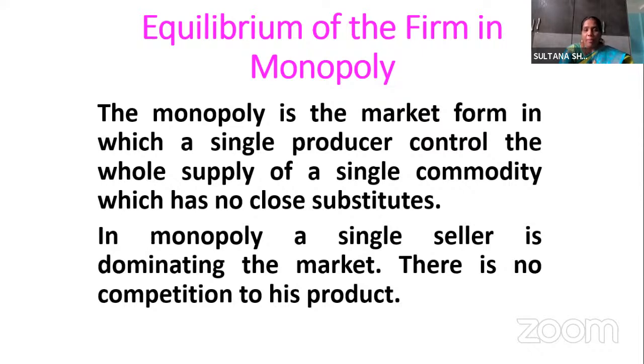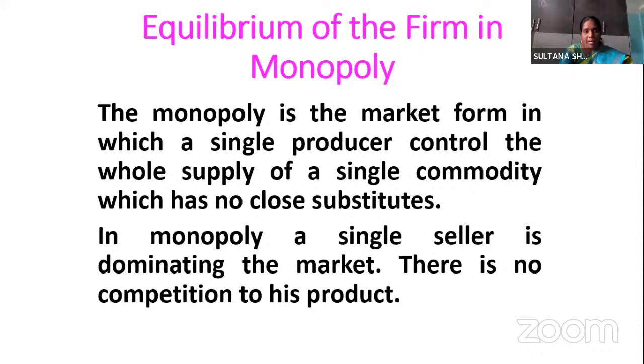Now, equilibrium of the firm in monopoly and how the price is decided under the monopoly market. Monopoly is the market form in which a single producer controls the whole supply of a single commodity which has no close substitutes.